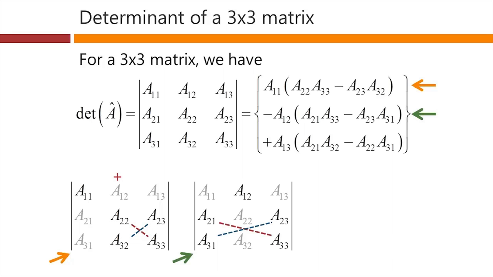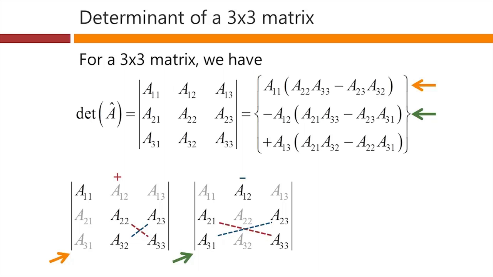And then the next term we would evaluate would be a12 times a21 times a33 minus a23 times a31. So a12 multiplying all of this here. And we see we're always getting a positive contribution and a negative contribution.